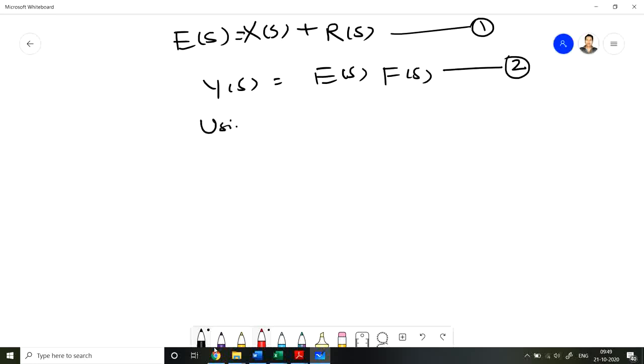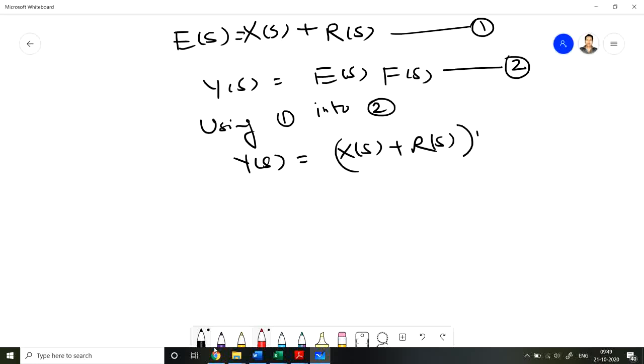Using 1 into 2, what will we get? We will get Y(s) equal to X(s) plus R(s), multiplied by F(s). So it is equal to X(s) into F(s) plus R(s) into F(s), and it is equal to Y(s).